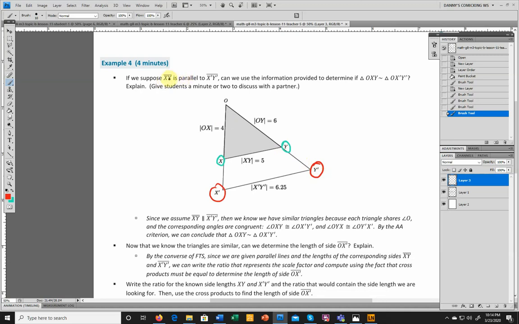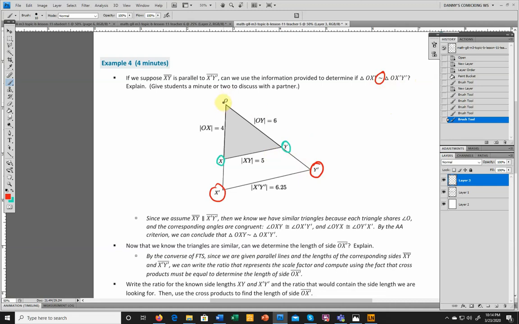If we suppose that XY is parallel to X prime Y prime, we can use the information provided to determine if OXY is similar to OX prime Y prime.